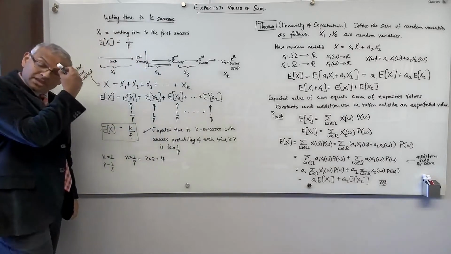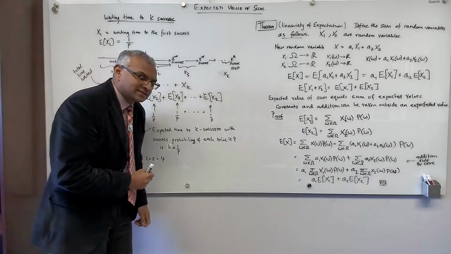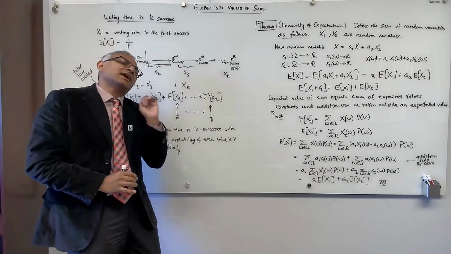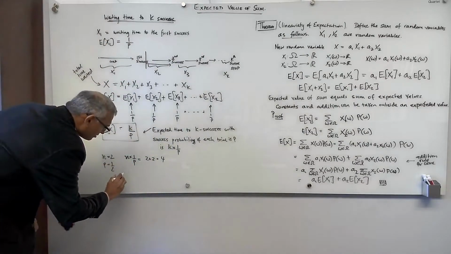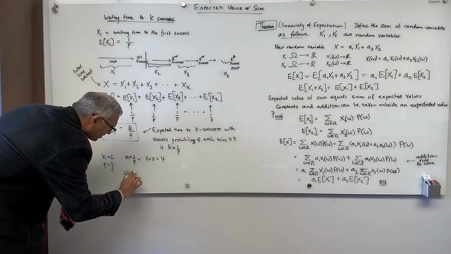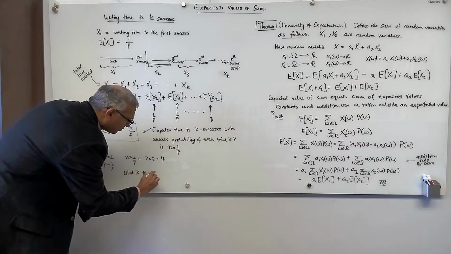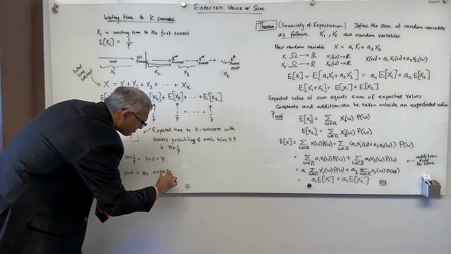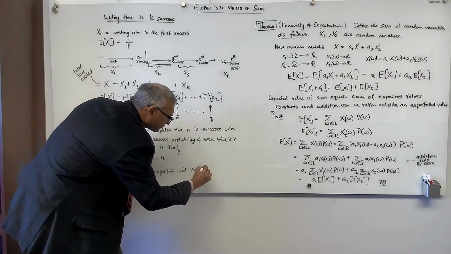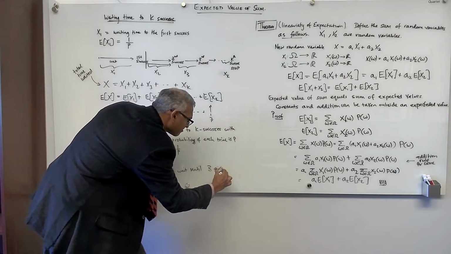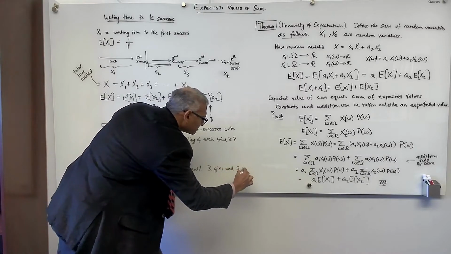And the interesting question: what about the expected wait if I'm going to have kids until I have 3 girls and 2 boys? An interesting exercise. What is the expected wait until 3 girls and 2 boys?